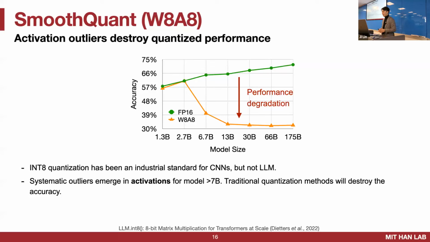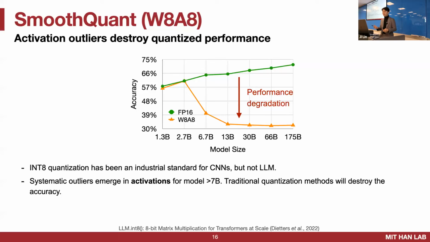So why is that? Actually, if you apply 8-bit quantization for both weight and activation to a large language model, as the model size gets larger, it will suffer from a super large performance degradation. Here we provide a figure comparing the accuracy for the floating point 16 serving, which is in green, and the quantized serving, which is in yellow.